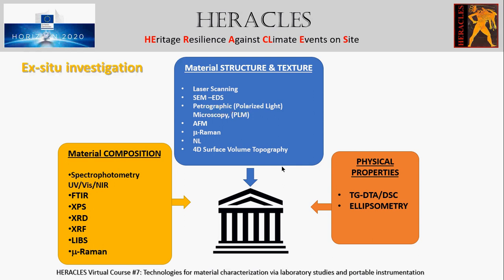TG-DTA offers characterization data of the investigated samples regarding its behavior under thermal stress. It studies mass loss of the sample when the temperature is increased. Usually, volatile molecules such as water are released. Although it can reach temperatures up to several hundred degrees Celsius, the useful range is much lower.